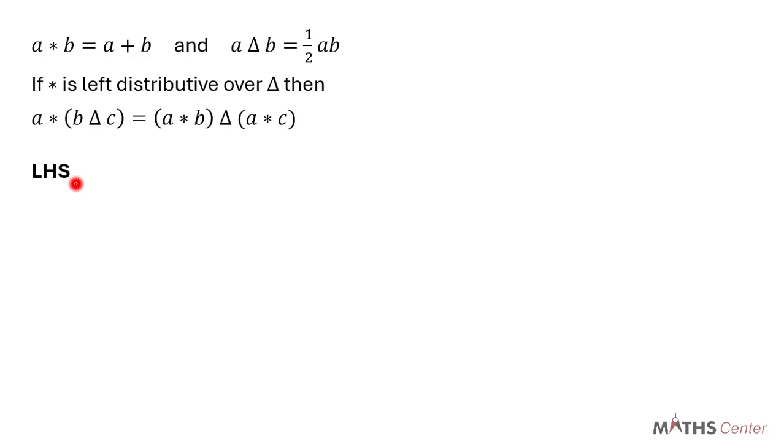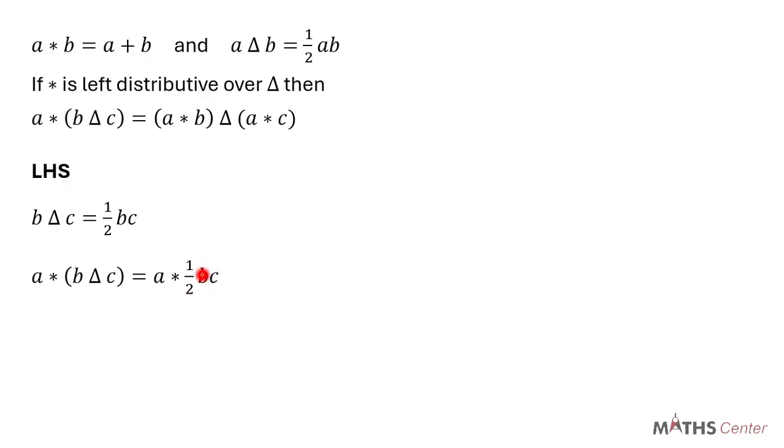Let's start with the left hand side. On the left hand side we have A star (B delta C). So we will begin with what is in the bracket. What is in the bracket is B delta C. So we go for the binary operation delta. The definition for the binary operation delta is A delta B is equal to half times AB. So B delta C will be equal to half times BC. So then we can say that A star (B delta C), with B delta C now half BC, is A star half BC.